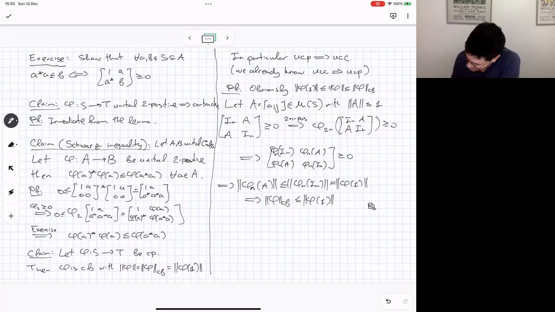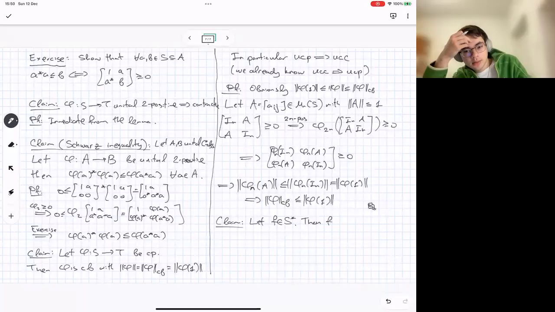Claim, also we more or less know it. I just want to verify that we know everything. Let f be a linear functional.